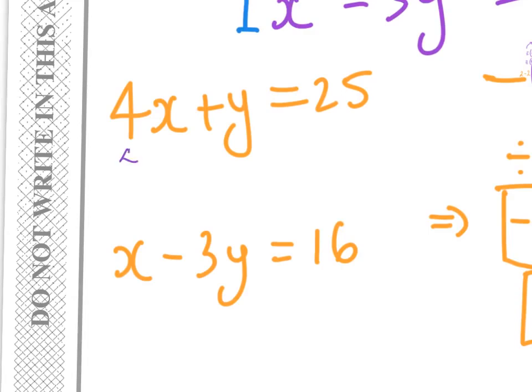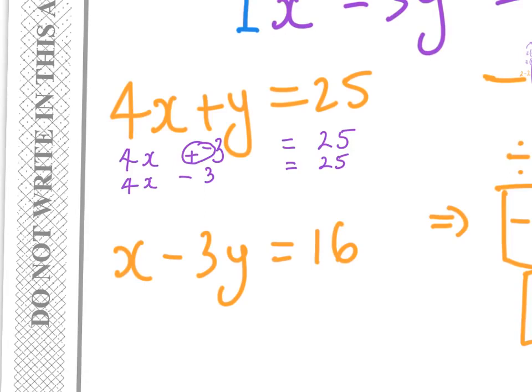So we'd have 4x plus minus 3 is 25. Well, a positive with a negative in terms of adding and subtracting gives a negative. So we'd have 4x minus 3 equals 25.